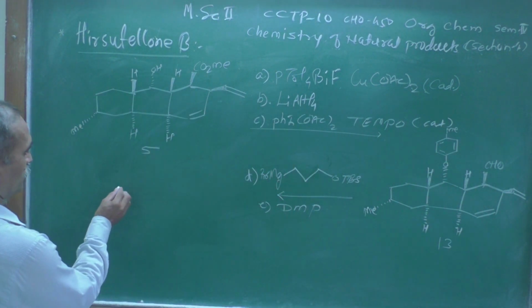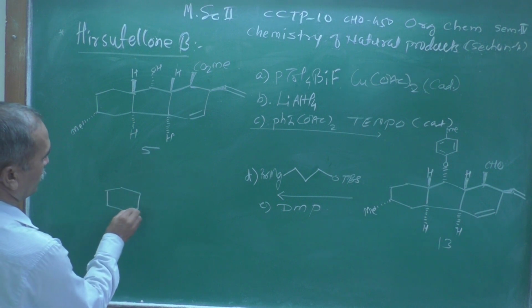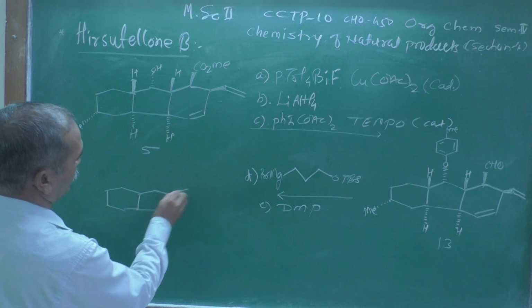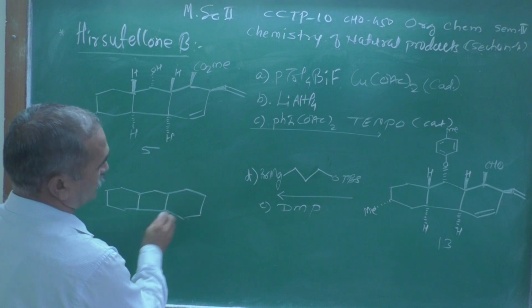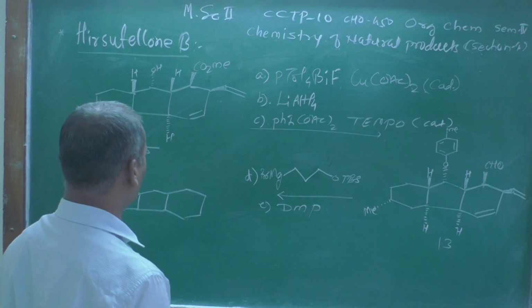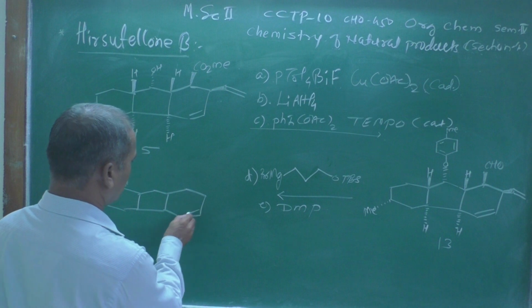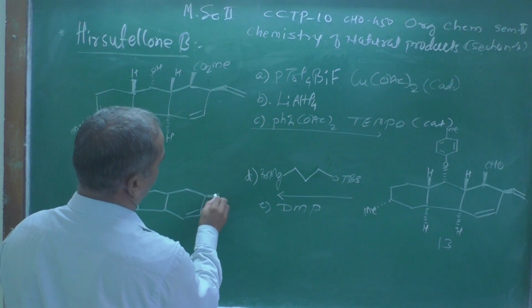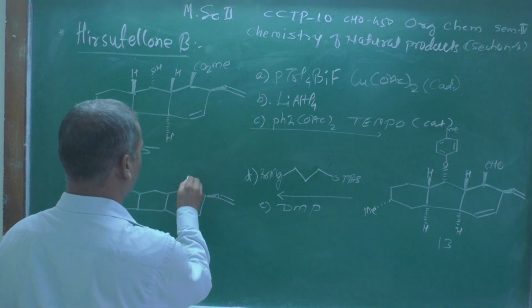The structure which we are going to get over here, see here is a 5-membered ring and the 6-membered ring, this is a tricyclic core which remains as it is, double bond over here, this is a double bond which also remains as it is.